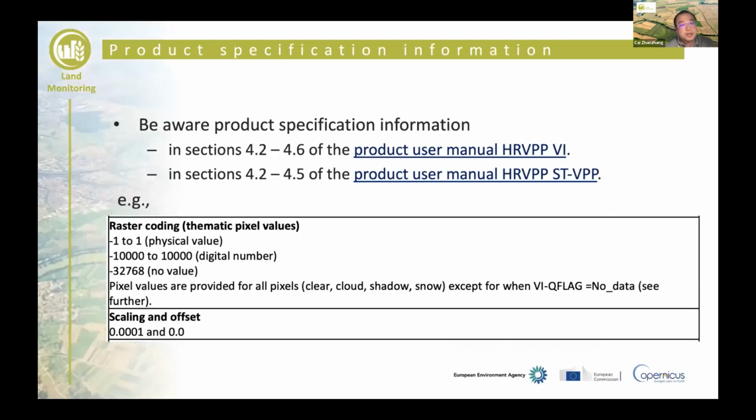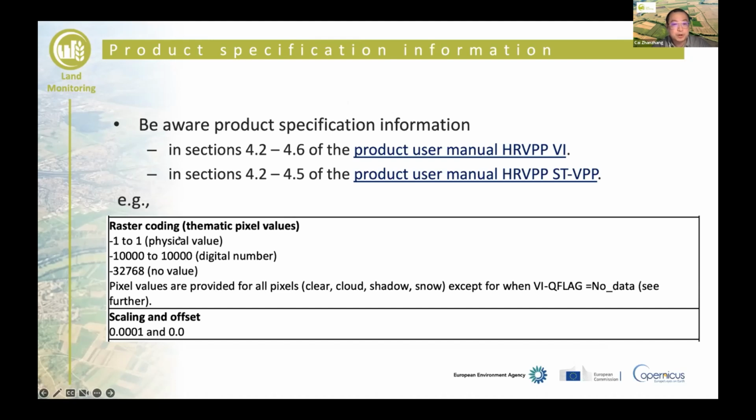And you will get data as digital values if you are not using GDAL to import the HR-VPP products. The previous examples are shown in QGIS, which already has GDAL integrated to read the TIFF file. So if you use MATLAB or other software to directly read the TIFF file, then you will get the digital number. Then the product specification information is quite important.